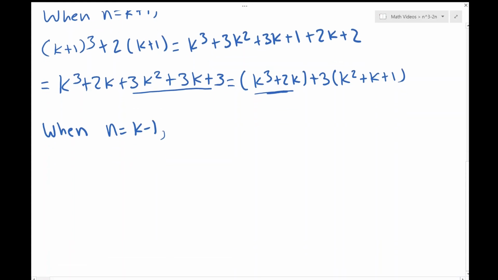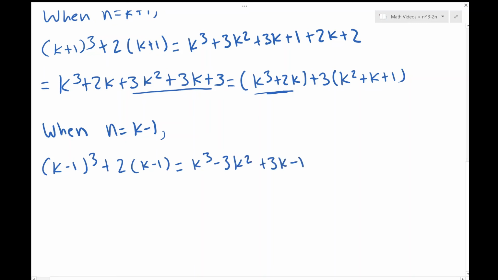So when n equals k minus 1, we have (k minus 1) cubed plus 2 times (k minus 1). Expanding, we get k cubed minus 3k squared plus 3k minus 1 plus 2k minus 2.